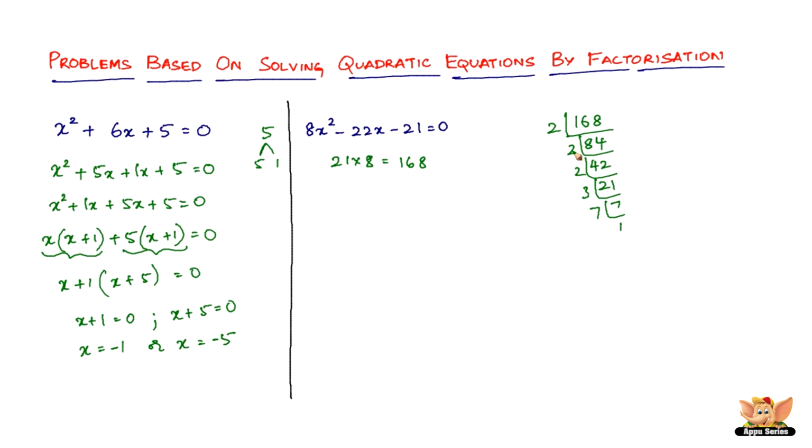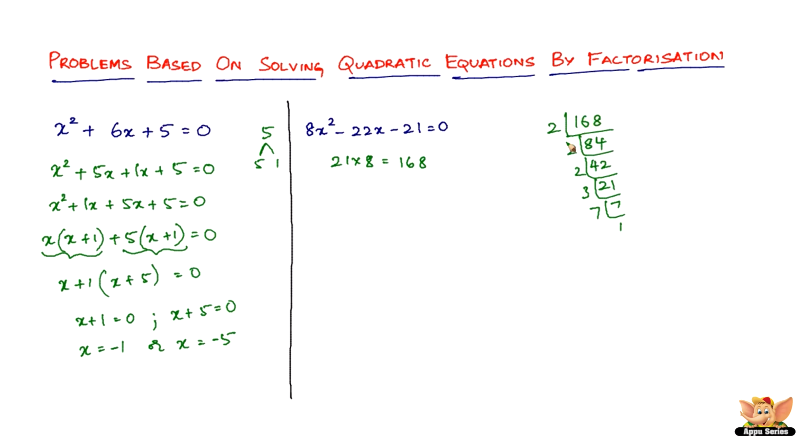So 2 times 2 is 4, 4 times 2 is 8, and 7 times 3 is 21. 21 times 8 is 168, no doubt about it, but 21 and 8, add or subtract, doesn't give you 22, right? So 2 times 2 is 4, 4 times 3 is 12, and 7 times 2 is 14. 14 and 12, no, nothing.